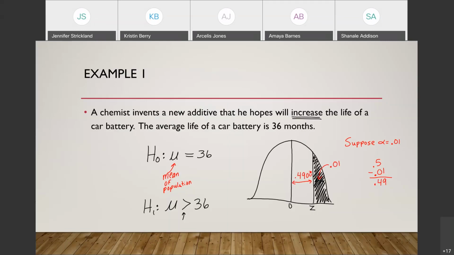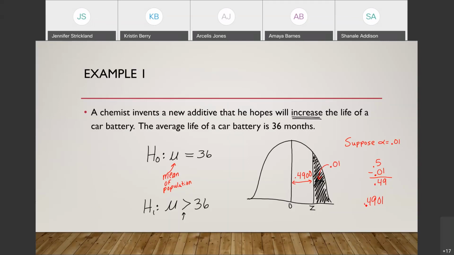Okay, and then I'm going to go to my table. Right, and I'm going to look for the closest thing to 0.4900. So the best I can find is 4901. Do you guys agree with that?